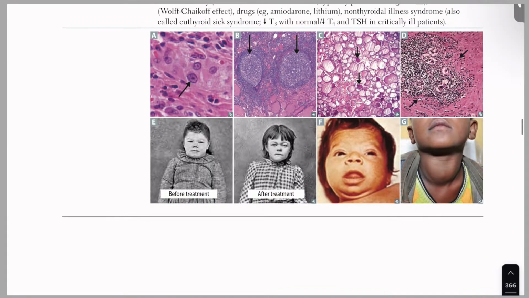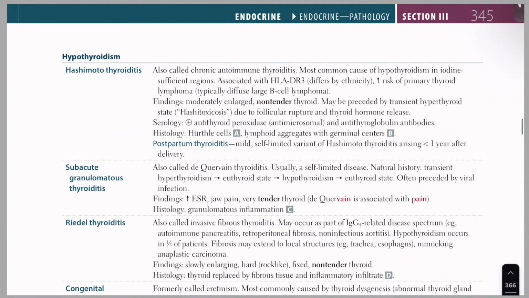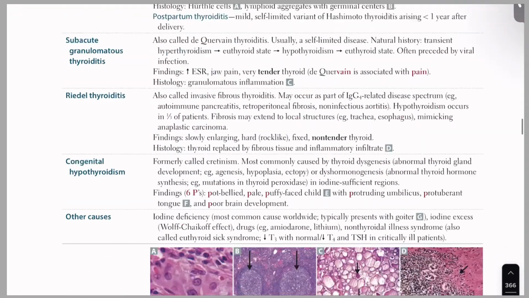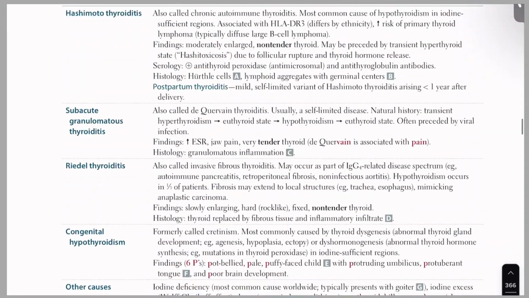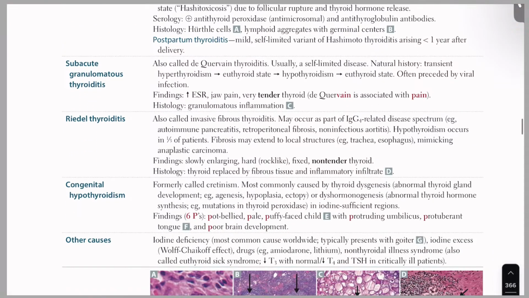Okay, let's see, this is Hurthle cells. Lymphoid aggregates with germinal centers. B. Okay. Postpartum thyroiditis, a mild self-limited variant of Hashimoto's thyroiditis, arising less than 1 year after delivery. Okay.